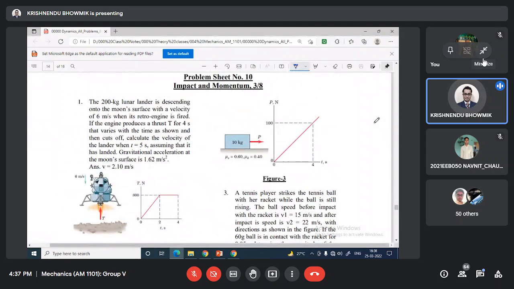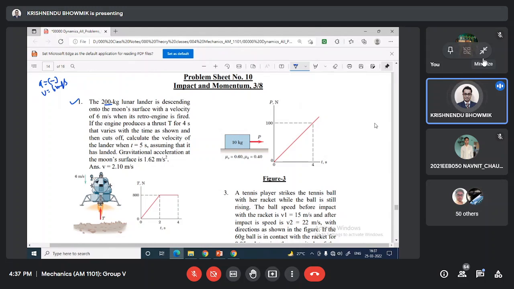It is told that, first problem, a 20 kg lunar lander is descending, so acceleration is negative, onto the moon surface with a velocity of 6 meters per second.